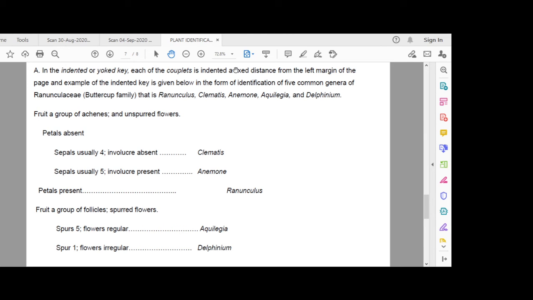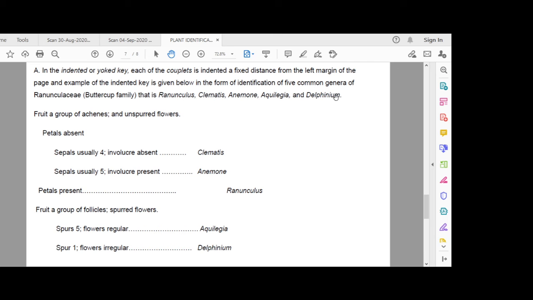An example of the indented key is given below in the form of identification of 5 common genera of Ranunculaceae. Ranunculaceae is also called the buttercup family, that is Ranunculus, Clematis, Anemone, Aquilegia and Delphinium.